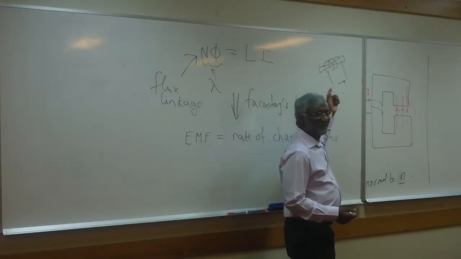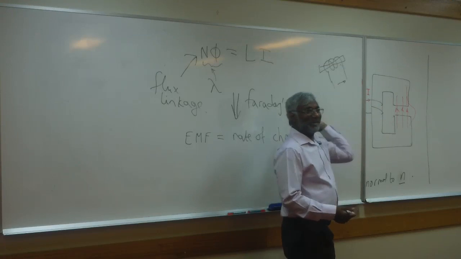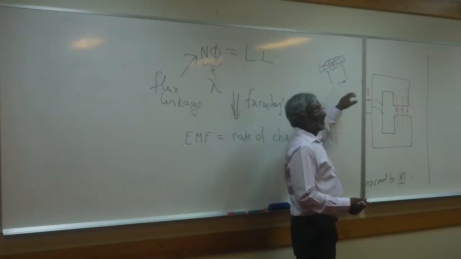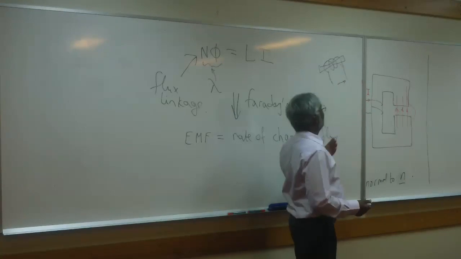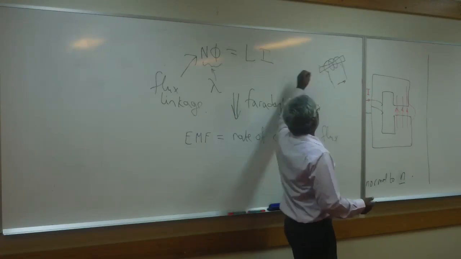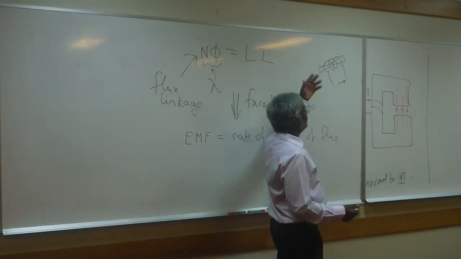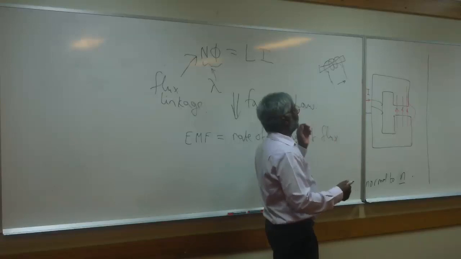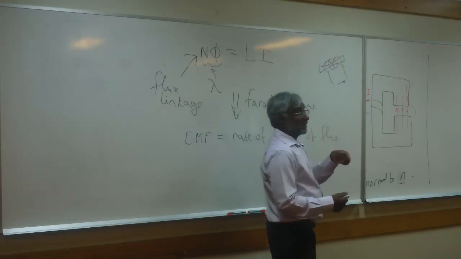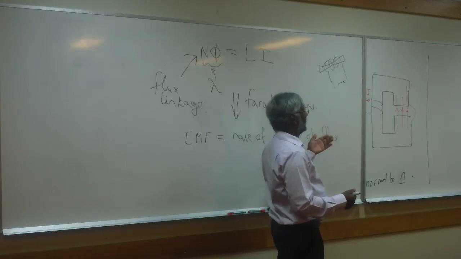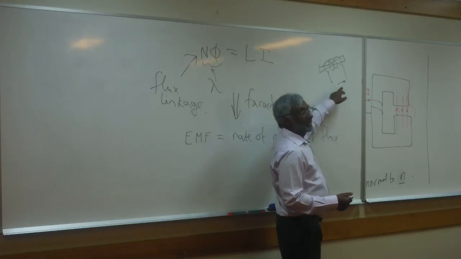Anybody has done this at school? So you pull the magnet and you put what they used to call a galvanometer here, and you can see it kicking. So by pulling the magnet out, you've gone from a situation of plenty of flux to a situation of zero flux. Therefore, the flux has been changing, and because of the flux changing, you will get an EMF across there.